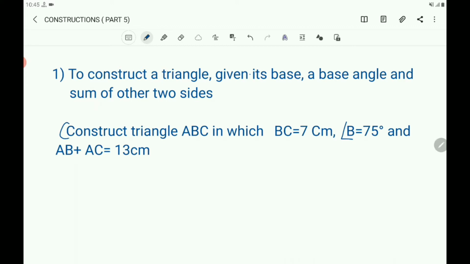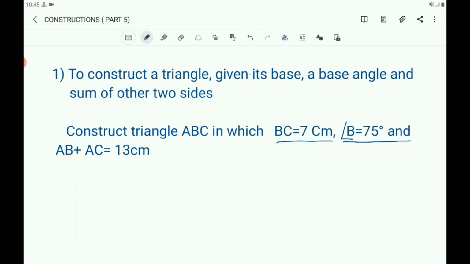Construct triangle ABC in which BC equals 7 cm, angle B equals 75 degrees and AB plus AC equals 13 cm.